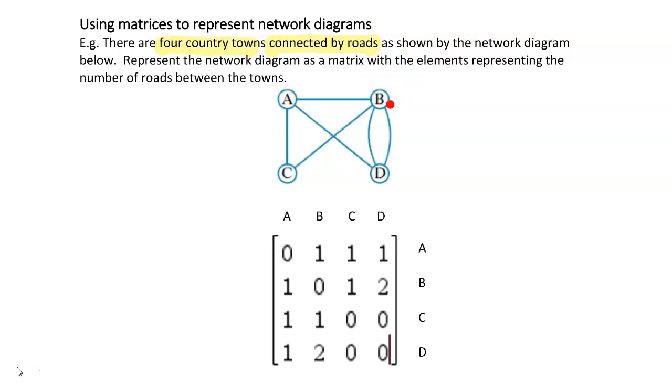There's no loopy roads there. From town C to town B, there's 1 road. From town D to town B, there's 2 roads. We can see that there, so that's represented by the 2. Read through it that way and see if you can understand it.